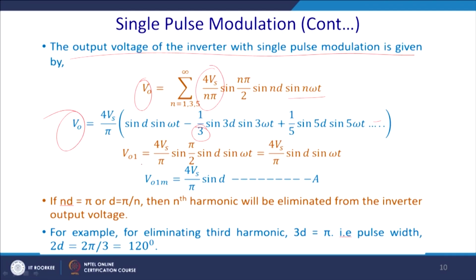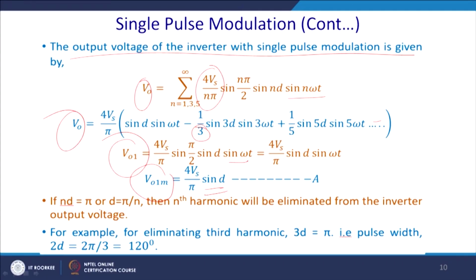The magnitude V01 will be 4Vs by pi sin(pi by 2) sin d sin omega t, and thus 4Vs by pi sin d sin omega t. Essentially, what you got is the magnitude of this fundamental, that is 4Vs by pi. So, depending on sin d, the magnitude of Vm is going to vary.